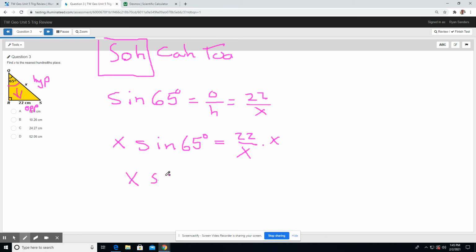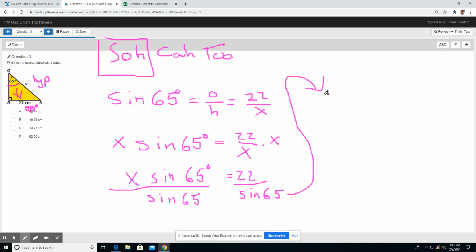I now have x sine of 65 degrees is equal to 22. Divide by sine of 65. And we get x equals 22 over sine of 65. And we're still in degrees.